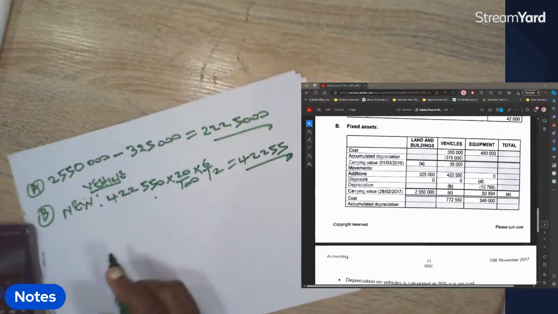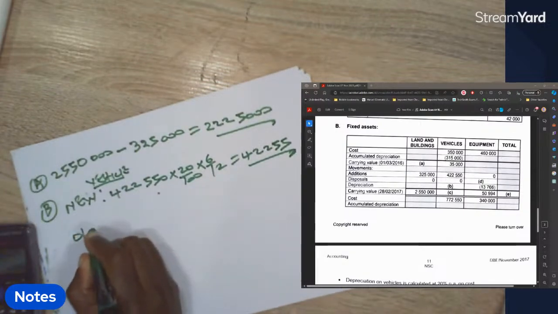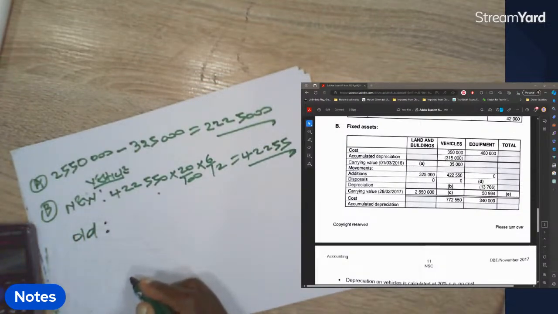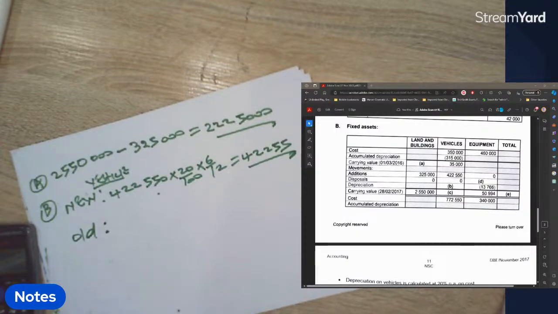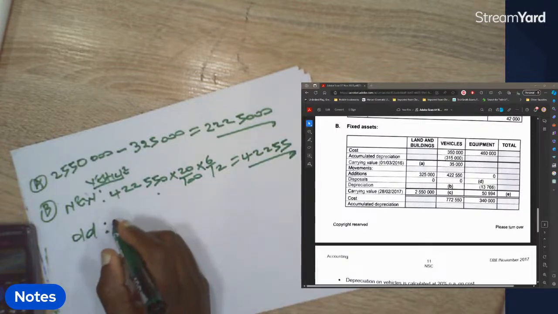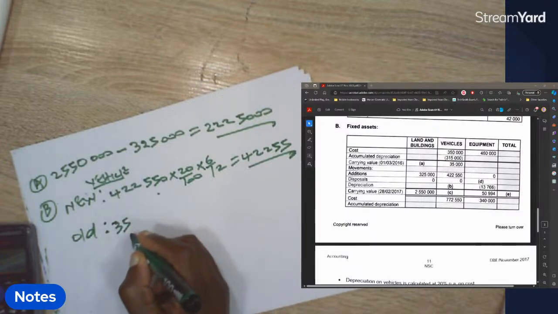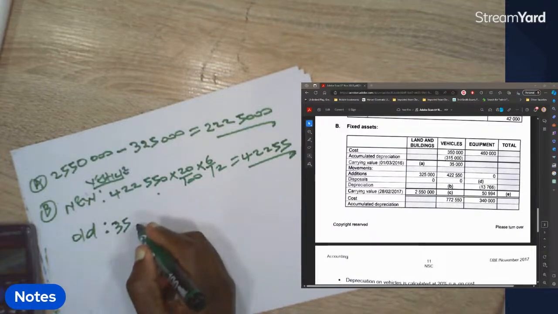And then quickly the old vehicle. For the old vehicle, remember, we use the cost price, which is 350,123. Always if you calculate for the old, you times by 12 over 12 for the time, which is 1. There's no need even to write it.